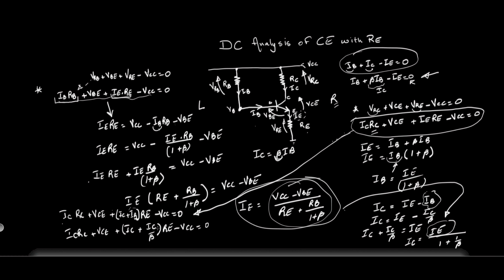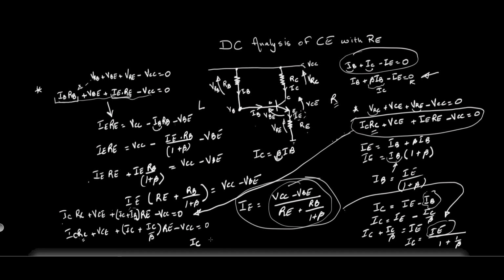Right? So we can factor all the ICs here out of this. And now we're going to find the equations for IC based on RC value. Okay? So if we do the math here, let's go ahead and factor out IC.